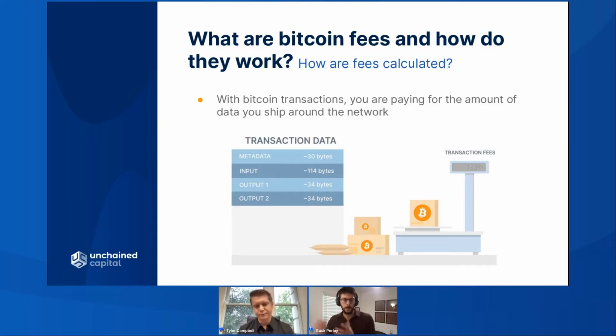We actually just published an article about why it's important to run your own node, for example. And the reason why you're paying for data is the cost that is imposed on everybody else on the network, right? So if it were free to send this data, every node, not just the miners, but every node has to deal with it. Because when you're broadcasting a transaction before it even gets mined, nodes receive that, they verify it to make sure that it's safe to send along.